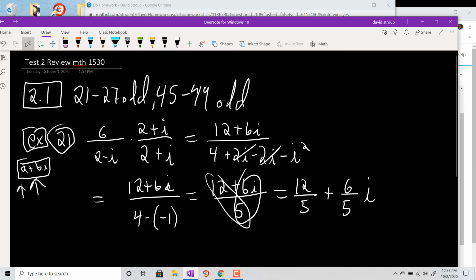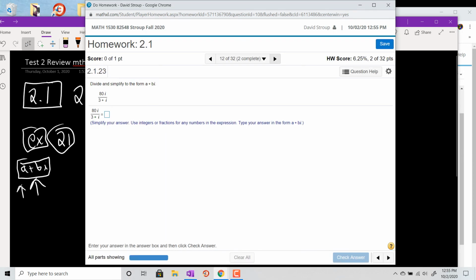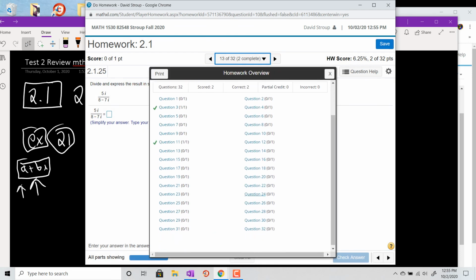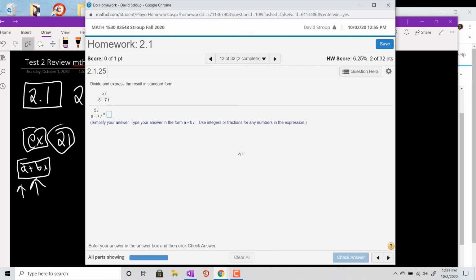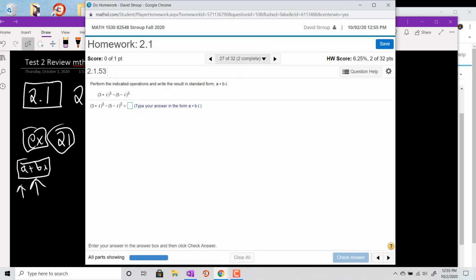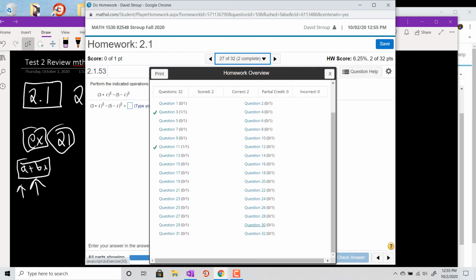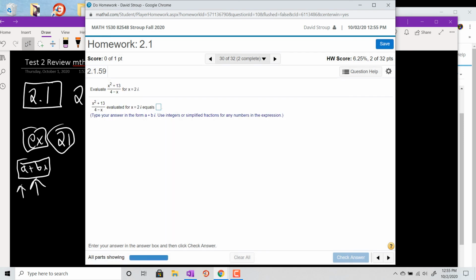I also said problems like 45 to 49 odd, so let's fast forward. It should be a quadratic type where you're solving a quadratic equation.